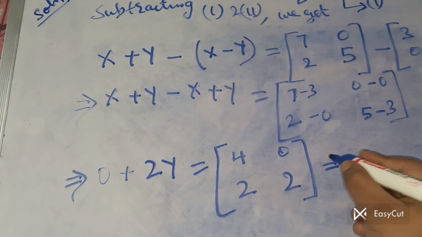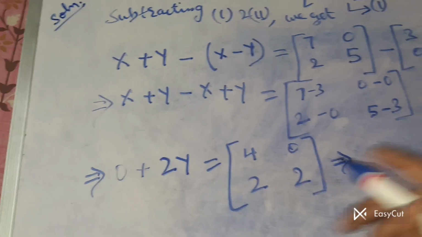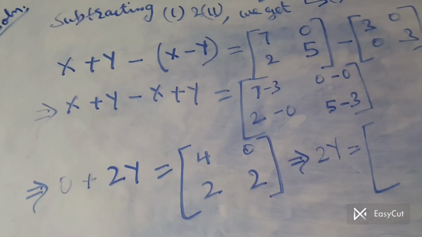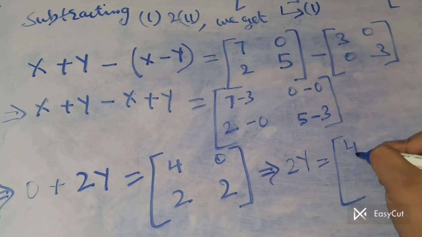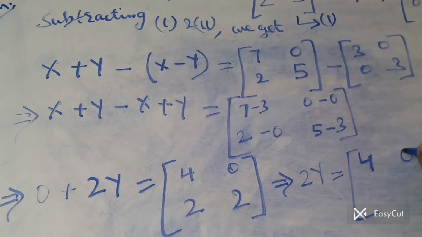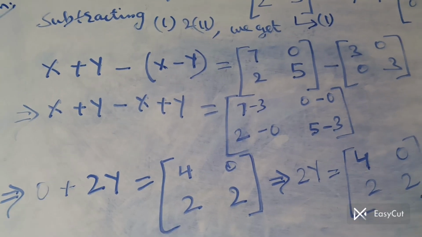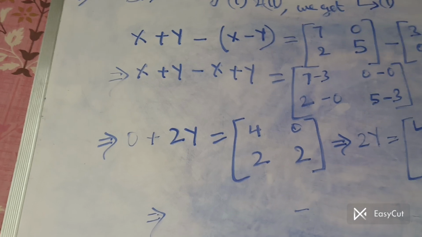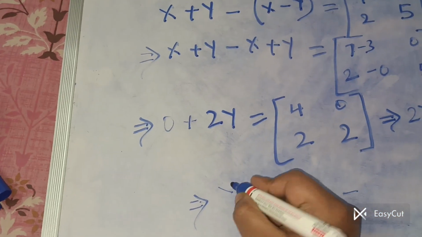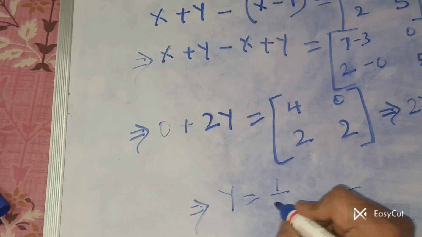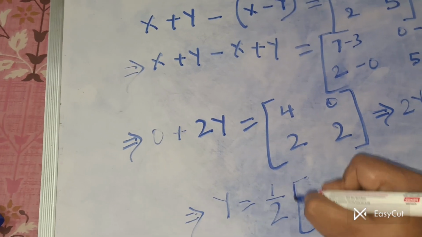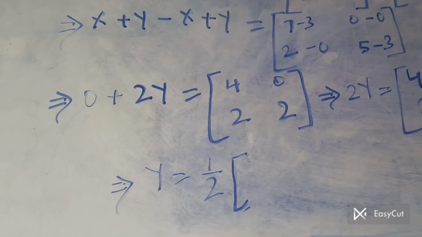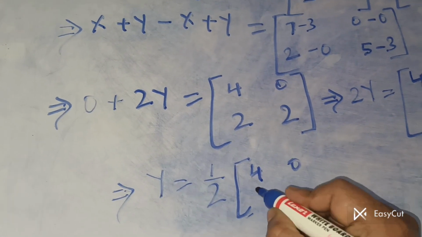Okay. Next we see that the 0 matrix plus 2y means the 2y matrix. 2y equals [4 0; 2 2]. Then it is becoming what? y equals, same as the previous, as we did for x, it will become 1 by 2 of [4 0; 2 2].